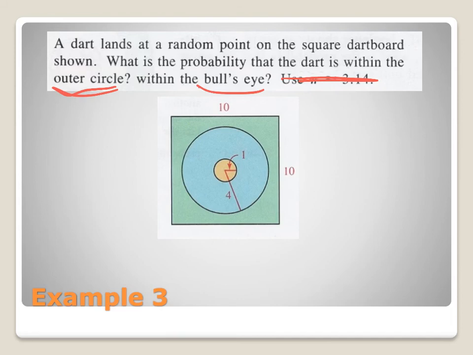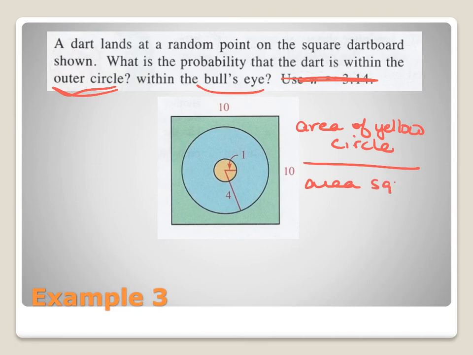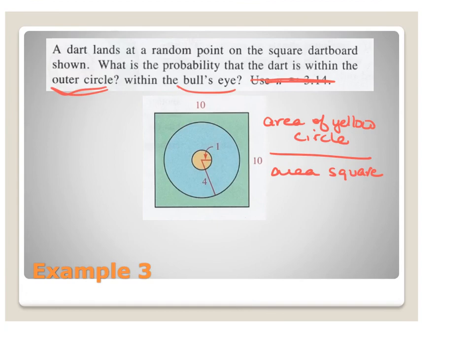I'm going to do the bullseye first because that's the easier part of this question. So what we're going to do is we're going to find the area of the yellow, which is the bullseye. So area of yellow circle over the entire dartboard, which is going to be the square, over the area of the square. And we're leaving it in terms of pi. So the yellow circle has a radius of 1. The formula for area of a circle is pi r squared.